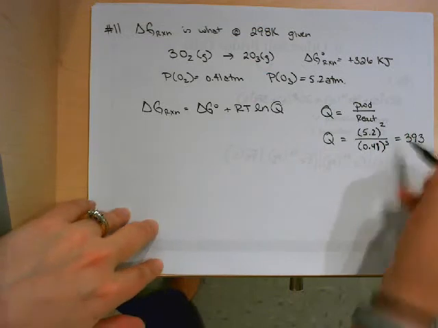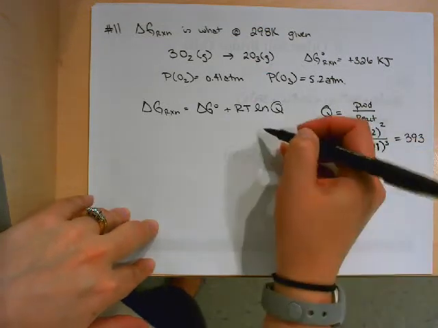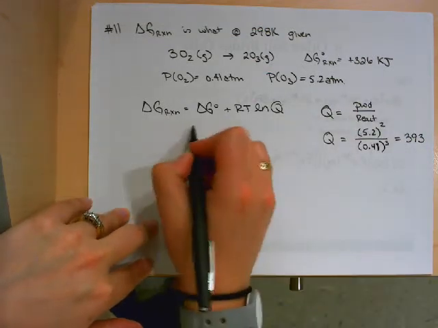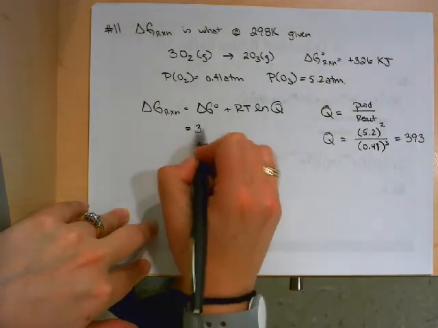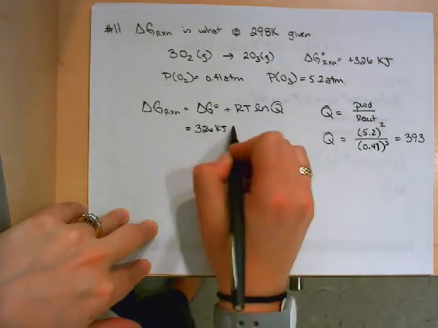Alright, so now you could have done this all at once, right? You could have solved for Q in the equation. I did it separately. Now I plug in 326 kilojoules.